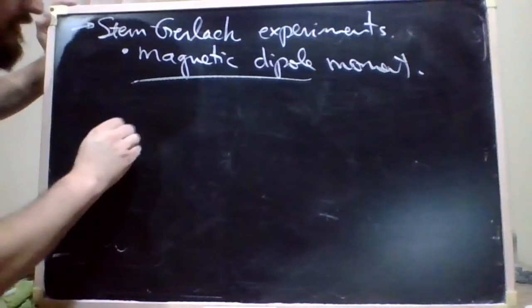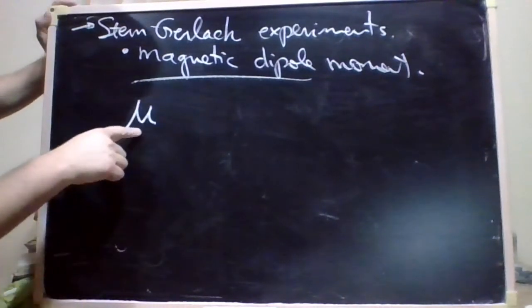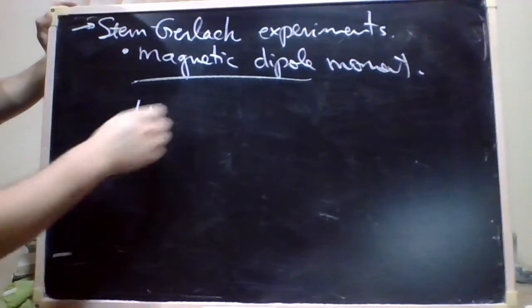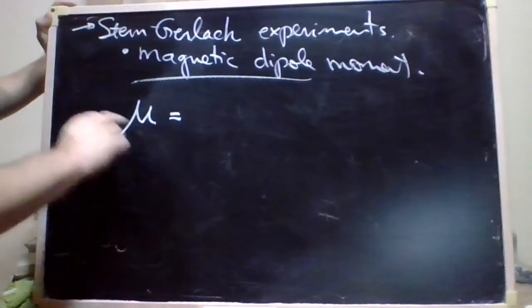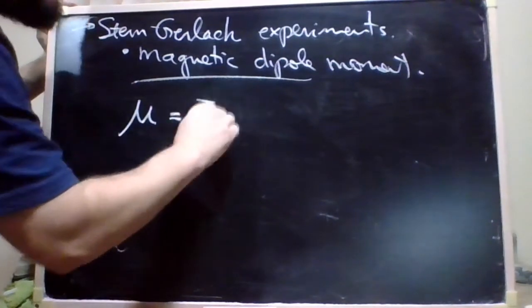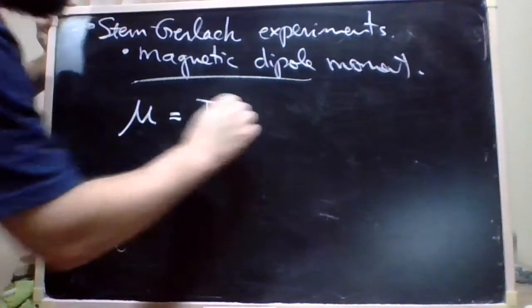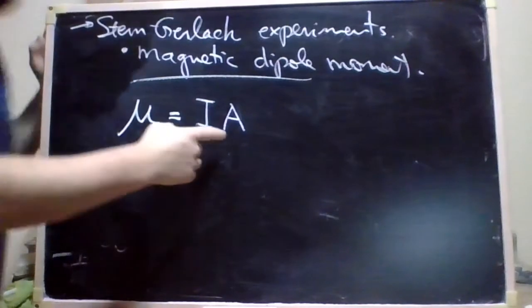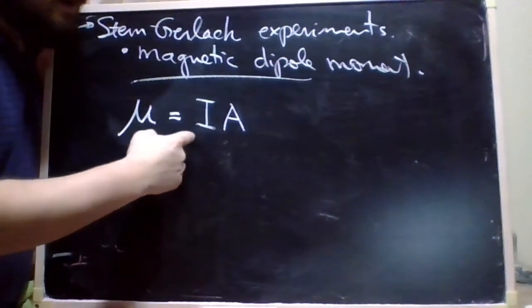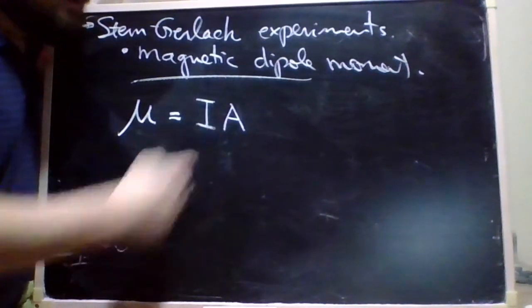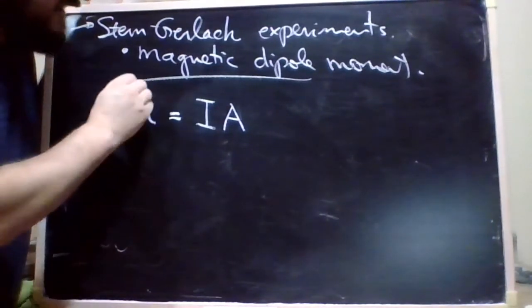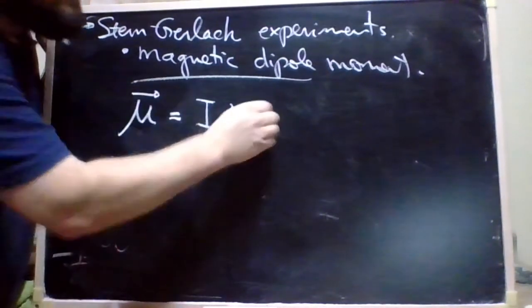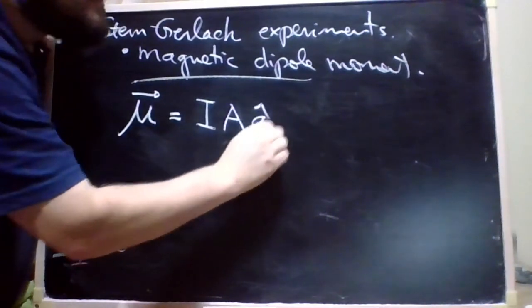But remember that the magnetic moment, which I will call mu, is just in modulus a current multiplied by an area. The vector is in the direction perpendicular to the area.